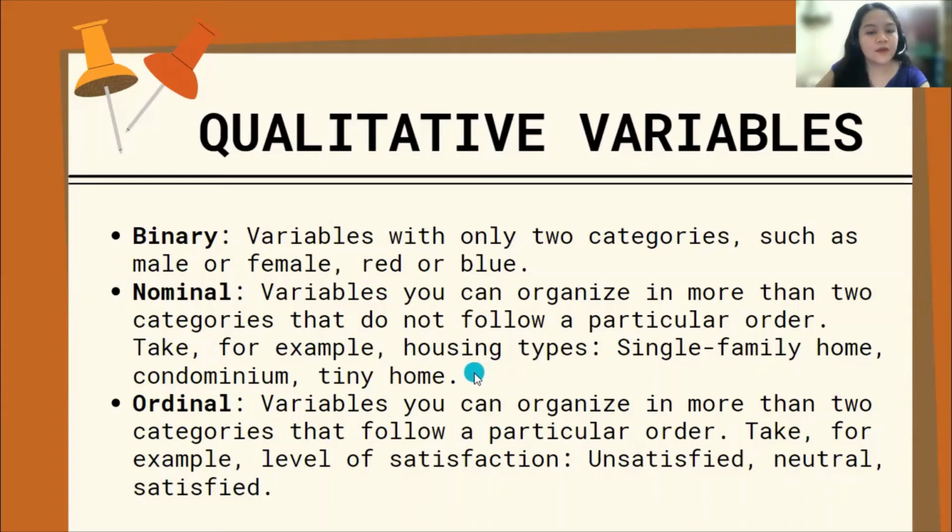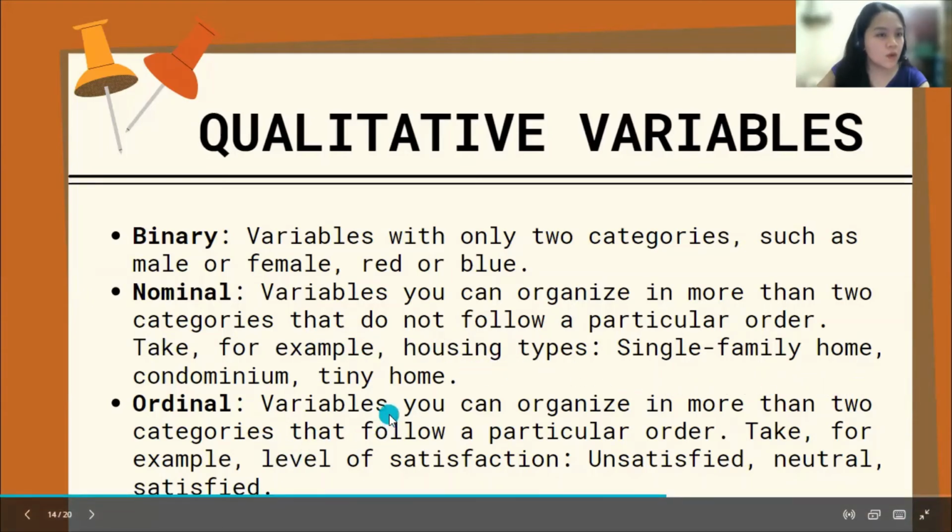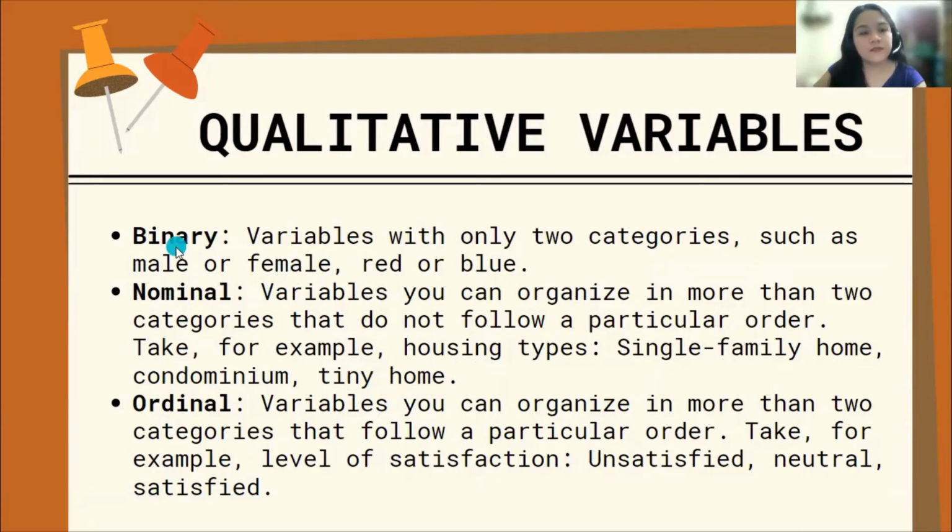Take for example, housing type: single-family home, condominium, tiny home, bungalow, mansion. Again, binary, two categories; nominal, has two or more categories, but do not follow a particular order.